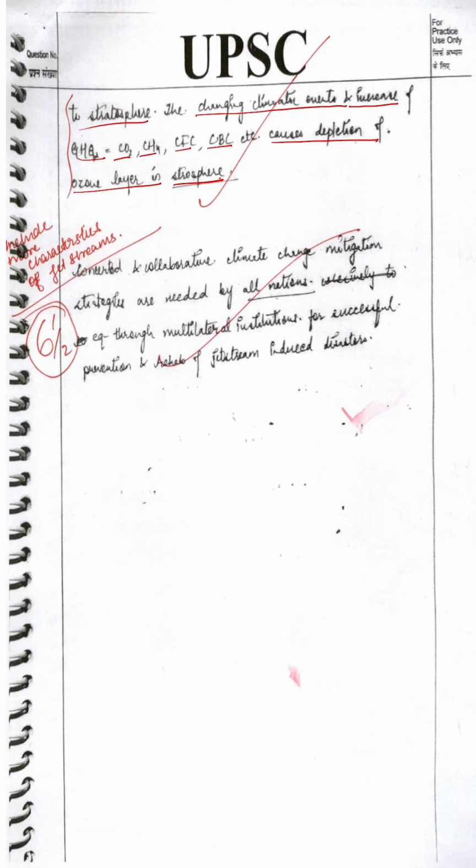Okay, the polar vortex is formed, and because of the polar vortex, this actually happens in the winter season. In the winter season, the cold climatic condition becomes quite intense because of the intensification of the weather condition.